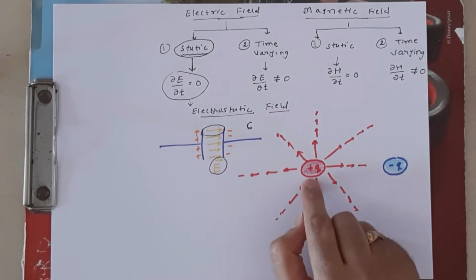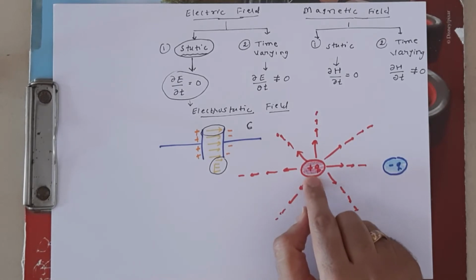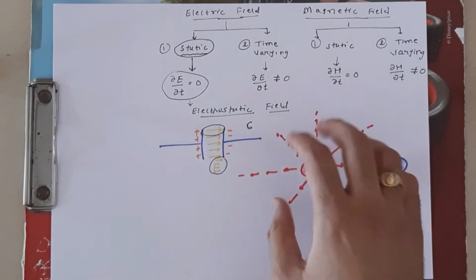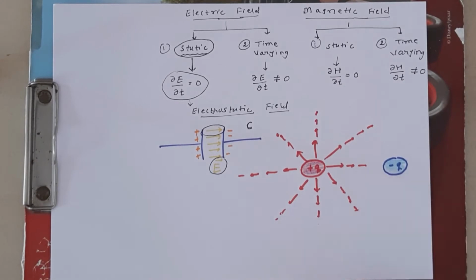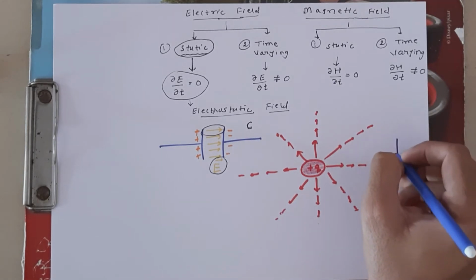This one is a positive charge, so it generates the electric field in the outward direction. What about this negative charge? This negative charge also generates an electric field, but in the reverse direction.